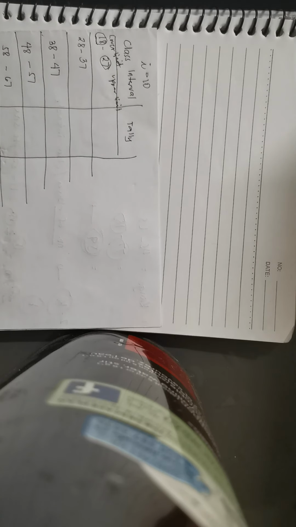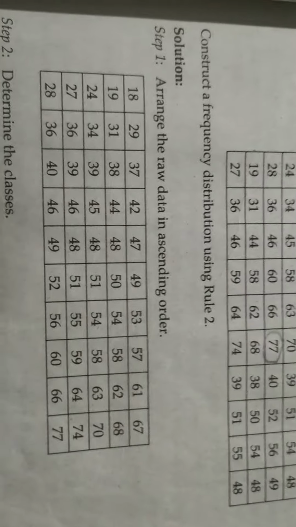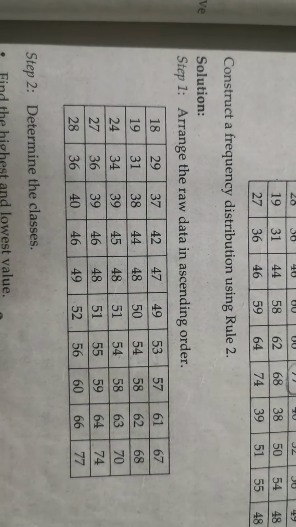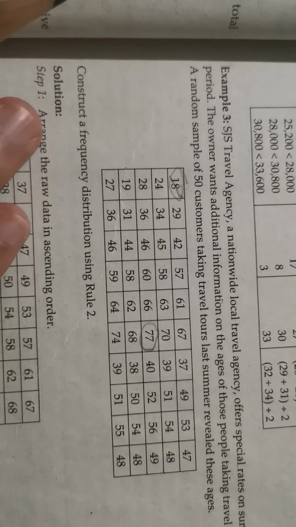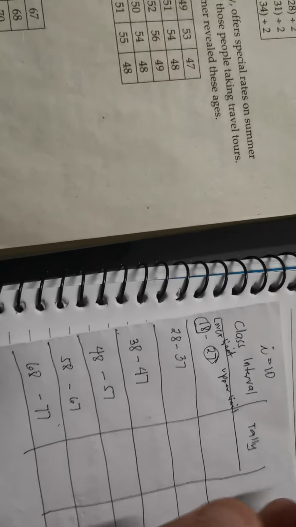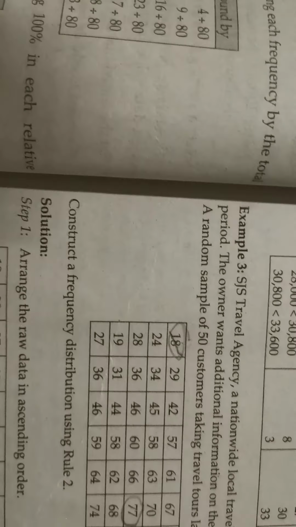Now, to help us, let me first move the cam. Okay, this is our age. Now, 18 years old, that's the first traveler. For the 18 years old, we will record it here. And then the second is 24 years old.